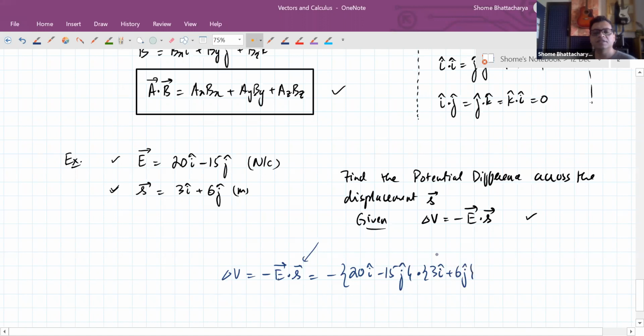So this is a two-dimensional example. So we will just reduce the above three-dimensional formula into two dimensions. The Z components are not there, they're 0. So first, just take the negative sign common. Now the product of the X components of the two vectors here will become 20 into 3. And the product of the Y components will become minus 15 into 6.